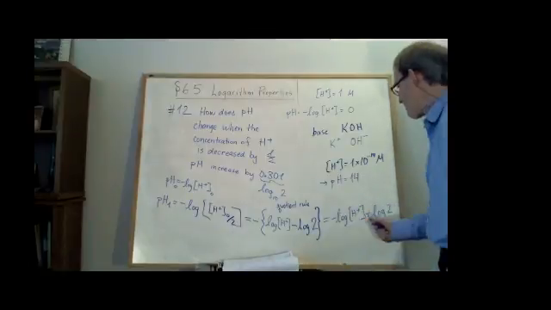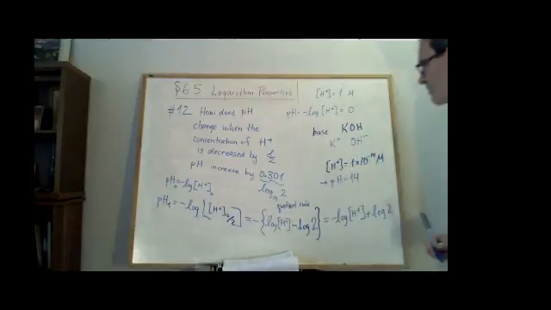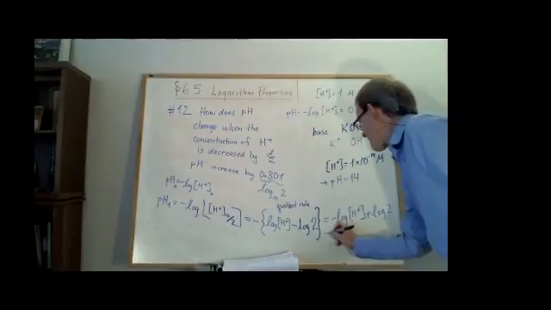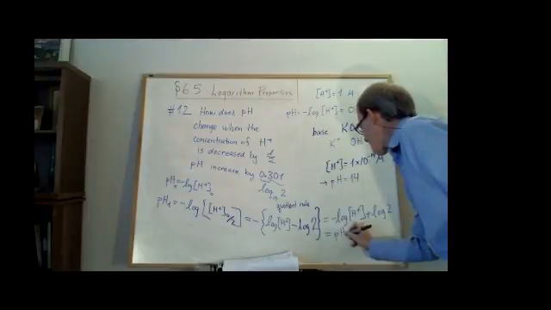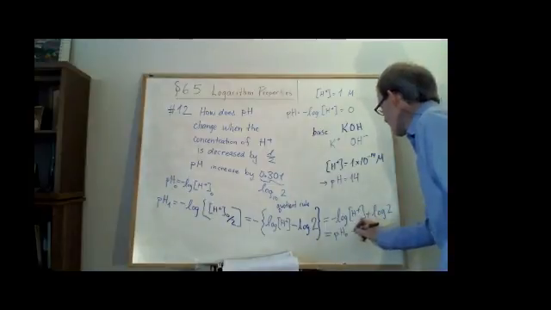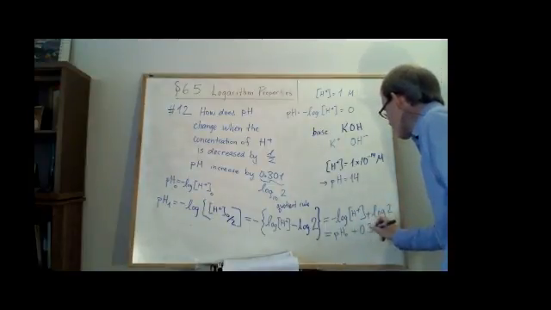And this minus sign has become a plus sign because of the minus in front of the entire brackets. I take away the brackets and I get this. And so this is the original pH, which I call pH 0, whatever it was. We're not told, but we don't really need it. Plus this log base 10 of 2, which is evaluated as 0.301.